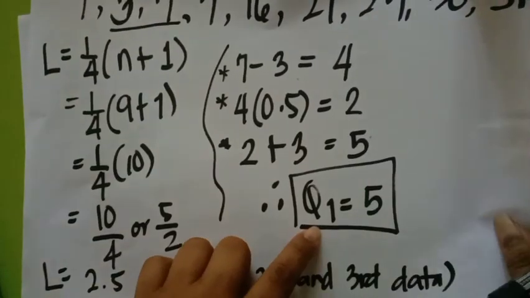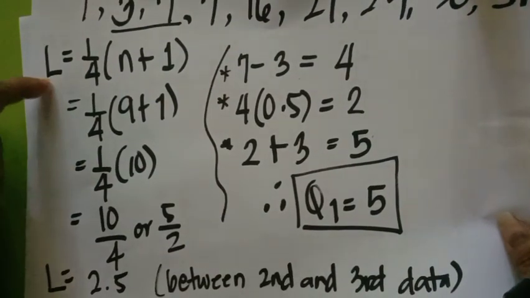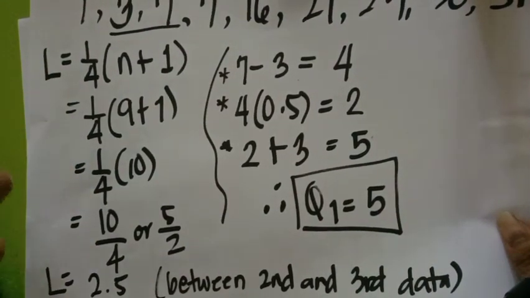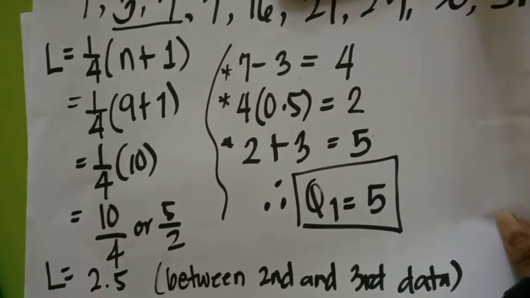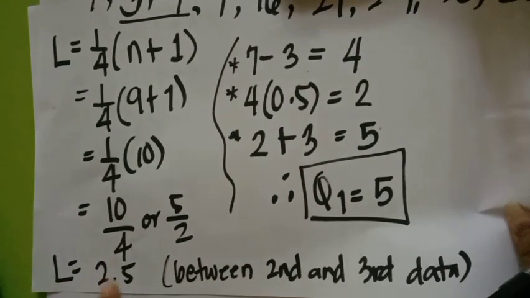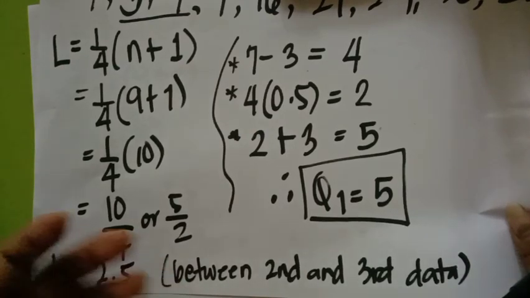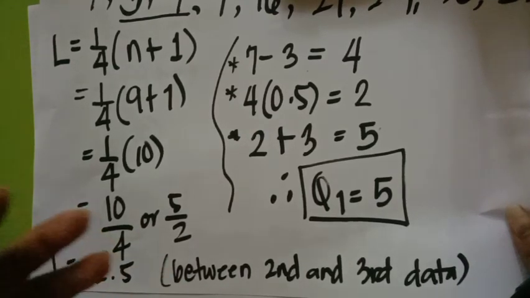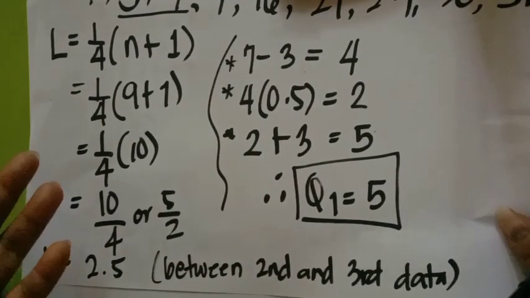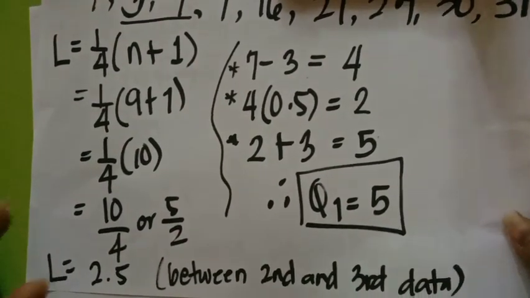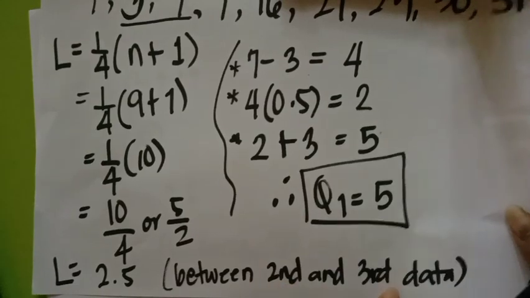Yung Q1 natin, nung kinuha natin yung L is the position of the first quartile, ang nakuha natin is 2.5. Yung 2.5, that is between the second and third data. So that means the first quartile or Q1 is any number between the second data and third data.